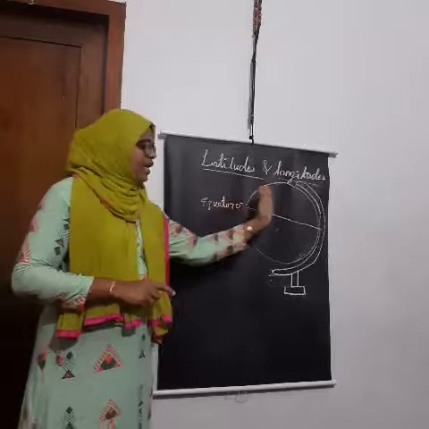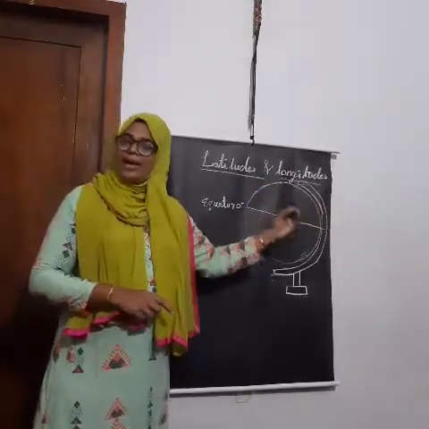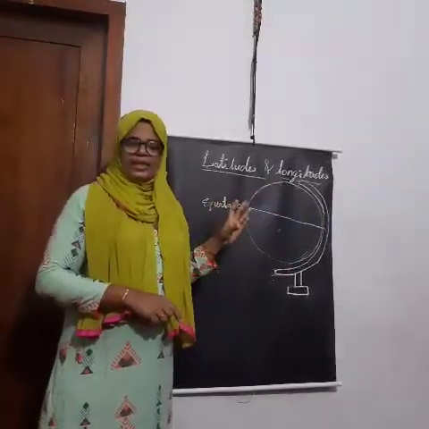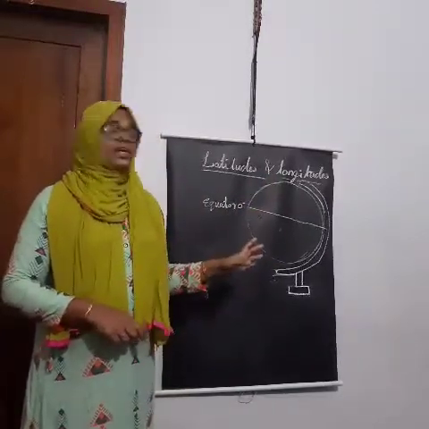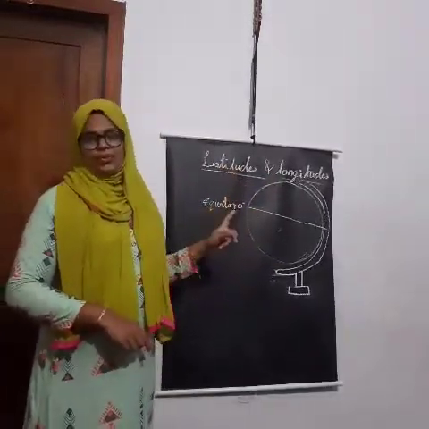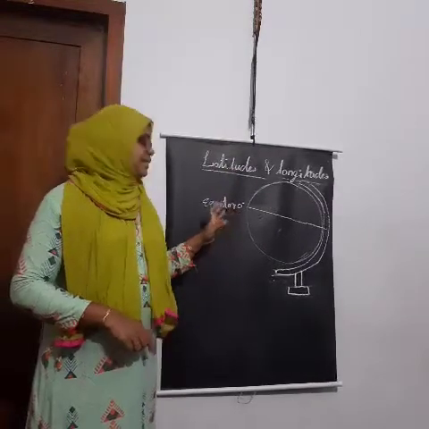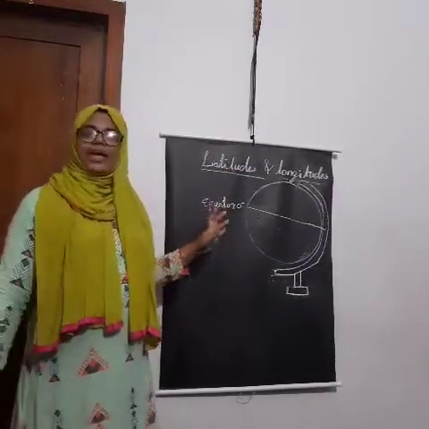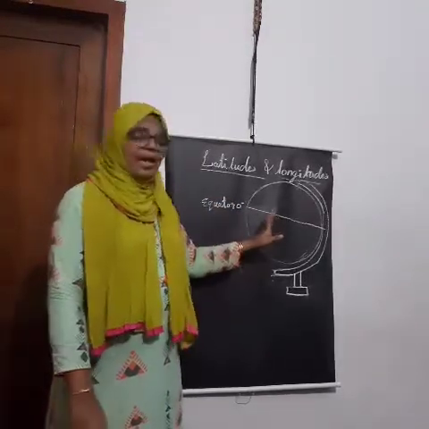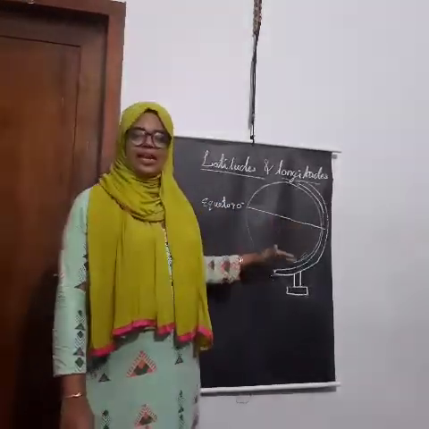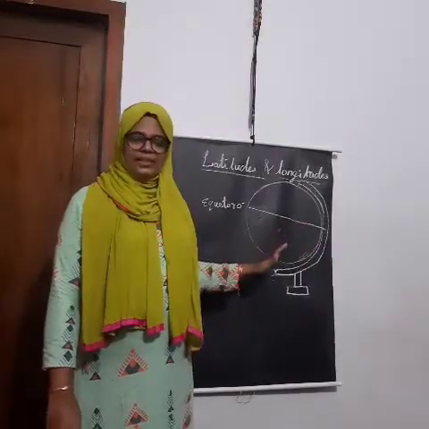These horizontal lines or imaginary horizontal lines that we are drawing on the surface of the globe are called what? Latitudes. So we can say the latitudes are parallels of latitude. This is the main latitude or this is the central latitude. Like this.